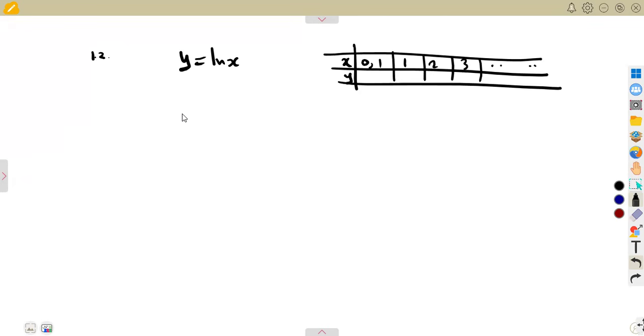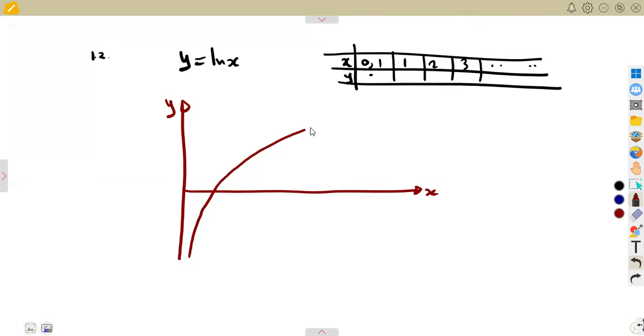If you are given a condition where you are to draw, you obtain your y values, you are going to see that the y values will be increasing exponentially, increasing in the positive. Knowing that the logarithm of 1 is equal to 0.